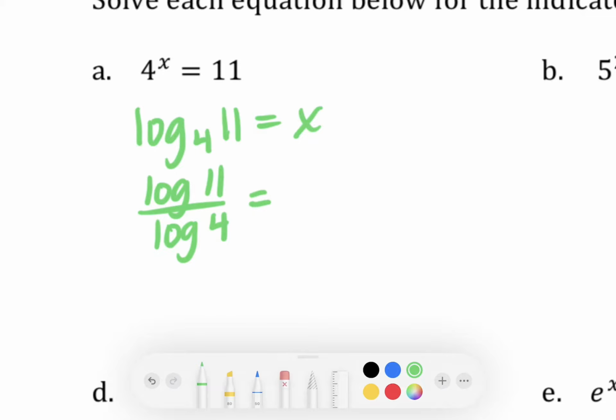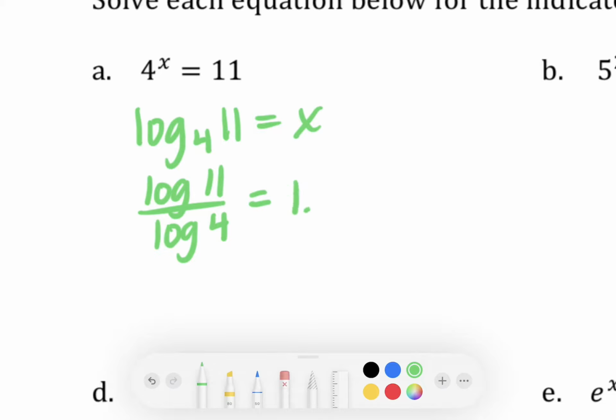That is much more easily put into your calculators because you should have an ln or a log button on your calculator. So ln of 11 divided by ln of 4. And again, you can use log or ln, it doesn't matter.